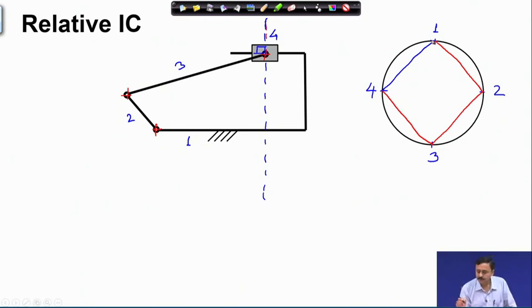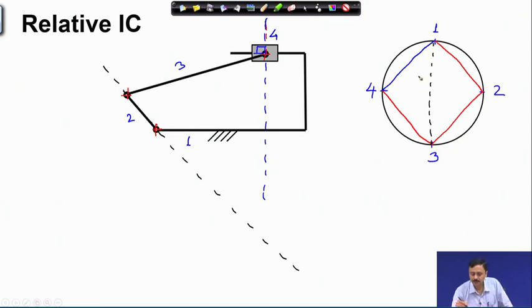Now, let me ask the question whether I can find, let us say, I 1 3. So, I have 2 paths, I 1 2 is known and I 2 3 is known. So, therefore, I 1 3 must lie on this line.